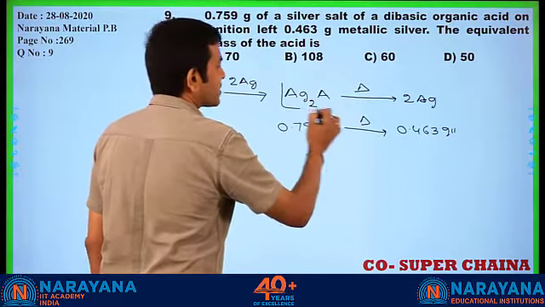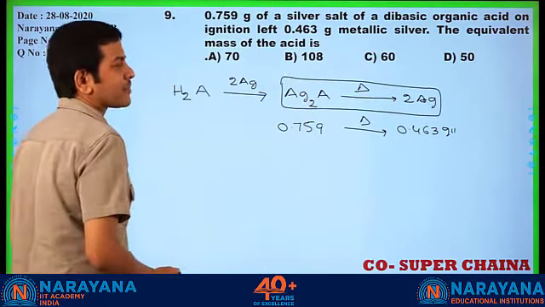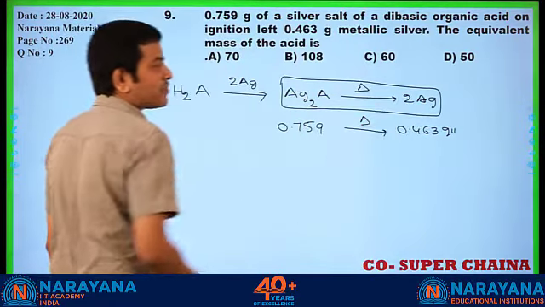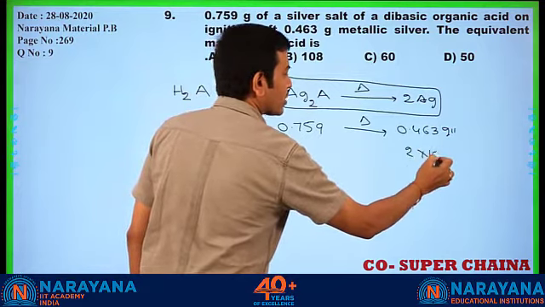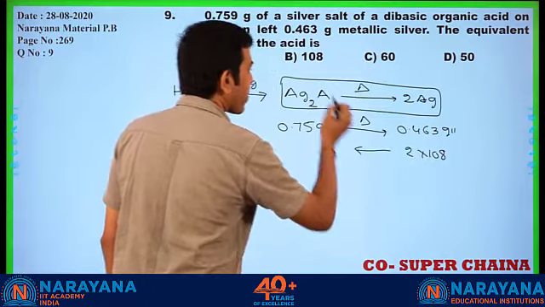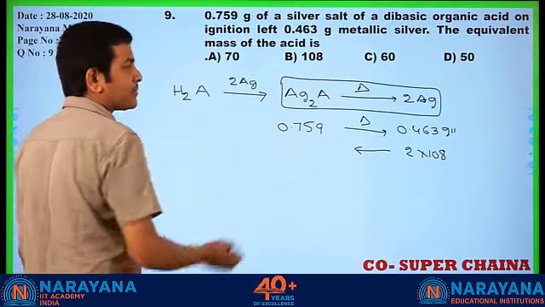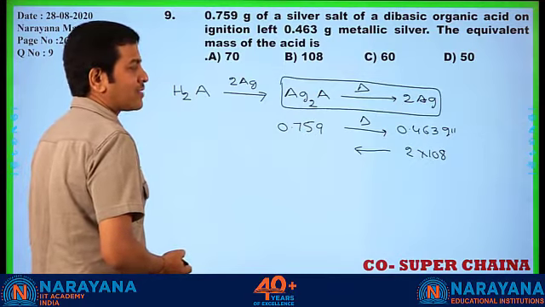Observe this part of the equation. 2 moles of silver means 2 into 108 grams. That silver is obtained from how much amount of Ag2A, the silver salt of the dibasic acid?